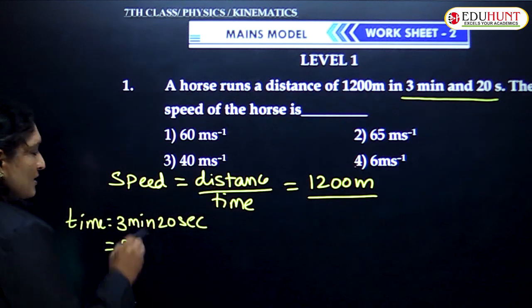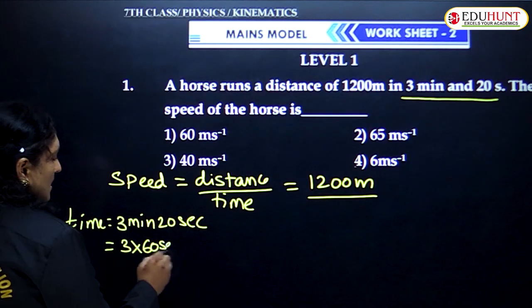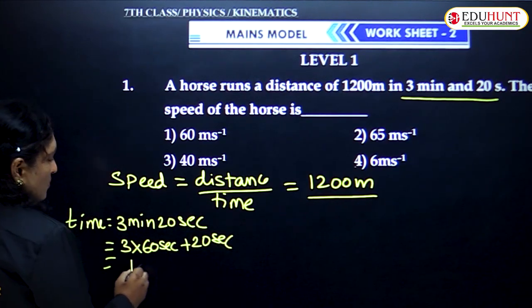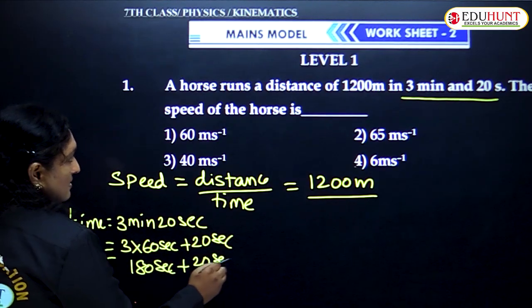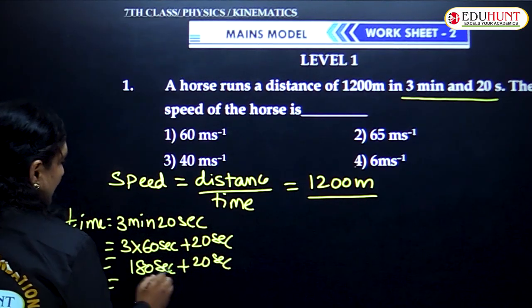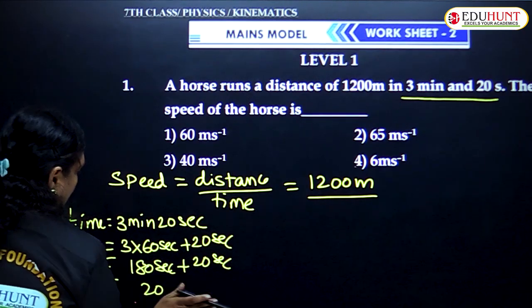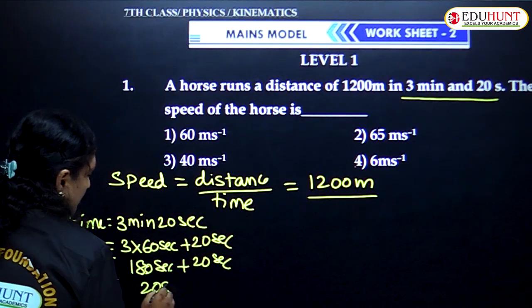Each minute carries 60 seconds. So 3 minutes means 3 into 60 seconds along with an additional 20 seconds. 3 sixes are 180 seconds plus 20 seconds. How much is that, children? 180 plus 20 is totally 200 seconds.